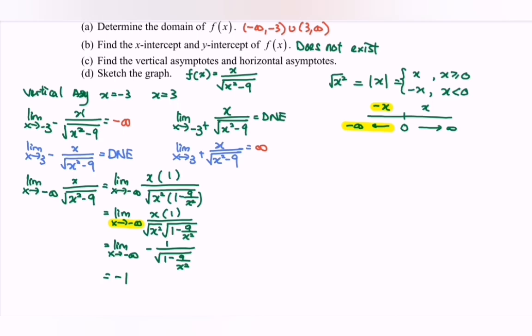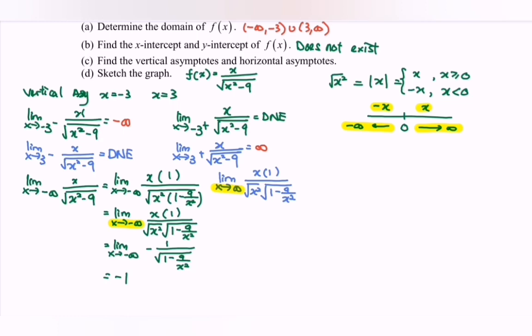Next, move on with the limit when x approaching positive infinity. So x multiplied with 1 over the square root of x squared, multiplied with the square root of 1 minus 9 over x squared. For this case, x is approaching positive infinity, so the square root of x squared would be x.